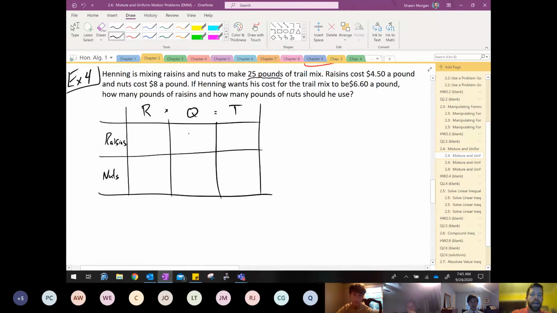Why don't I say let X be the number of pounds of raisins, and then here's the question for us: how could I express, I bet Charlie Griffiths can tell us, Charlie, how do I express the number of pounds of nuts? And don't say Y, say something in terms of X. X plus... Use the blue-eyed principle.